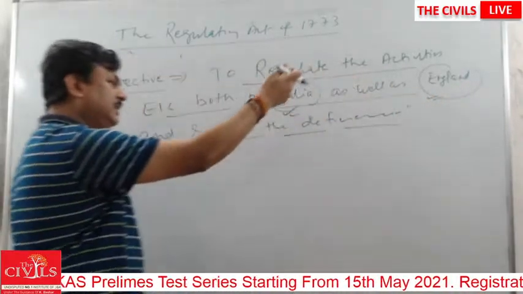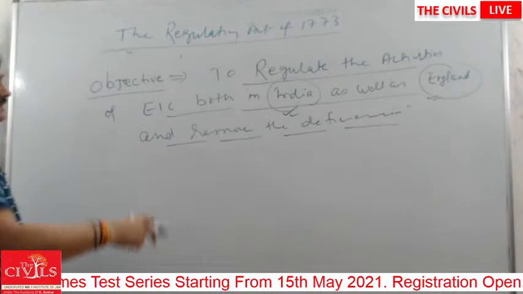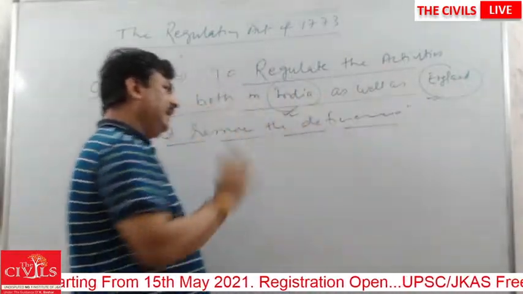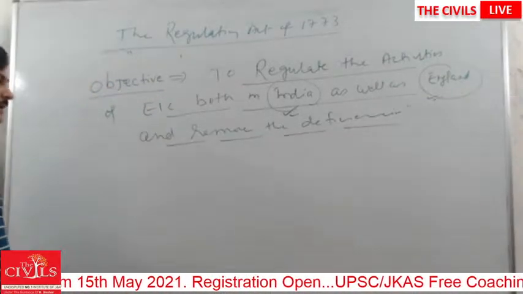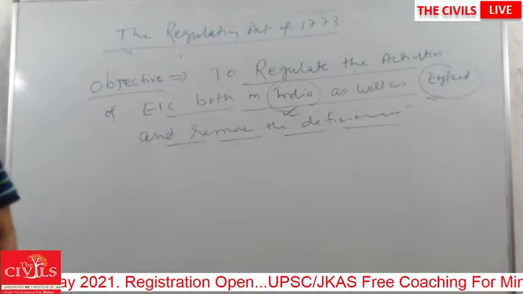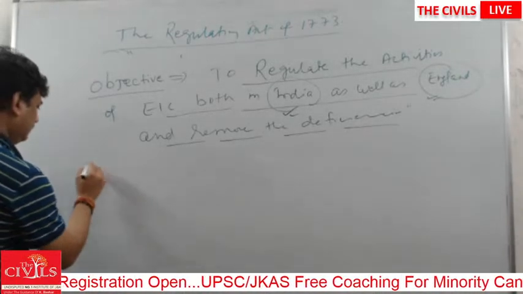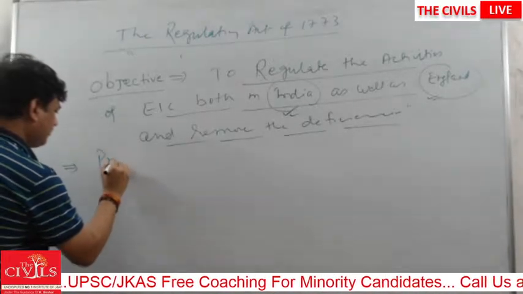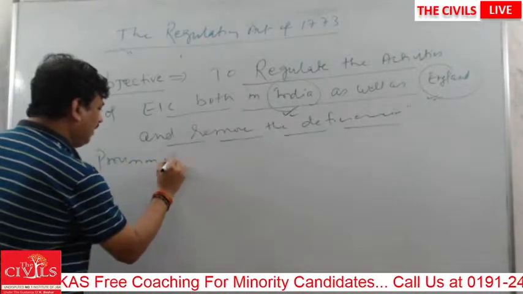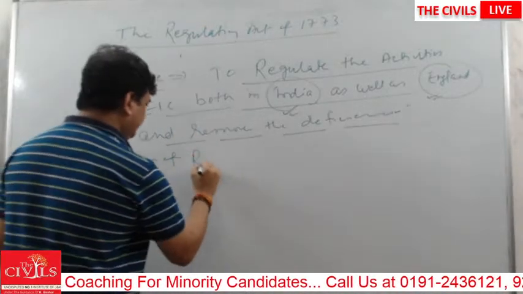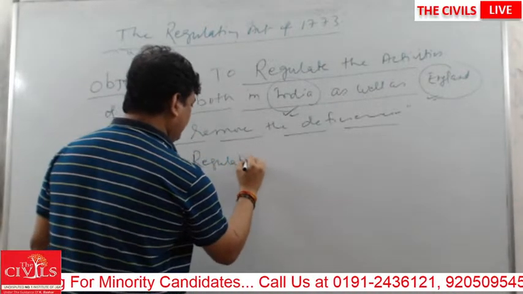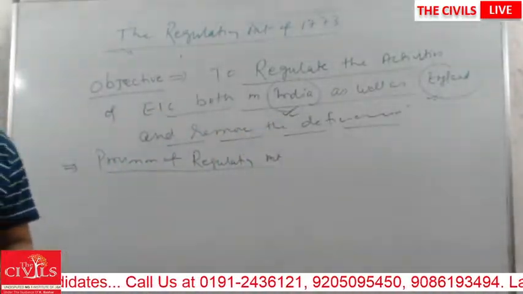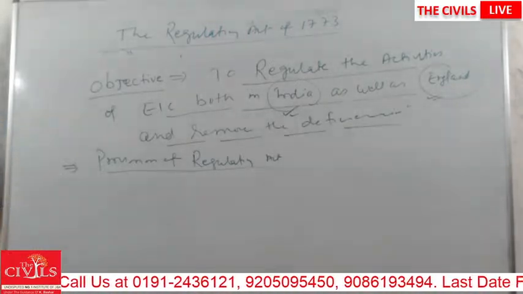First we will discuss the provisions related to the administration in England, and then we will discuss India. Now I am going to discuss the provisions of the Regulating Act.